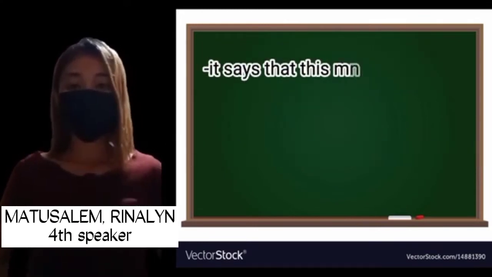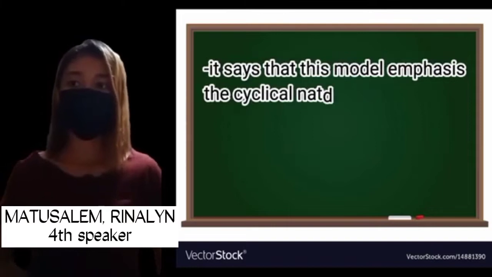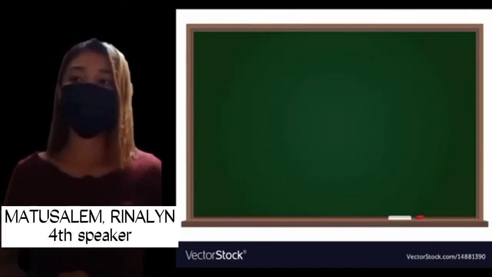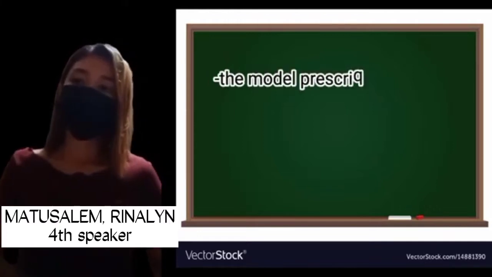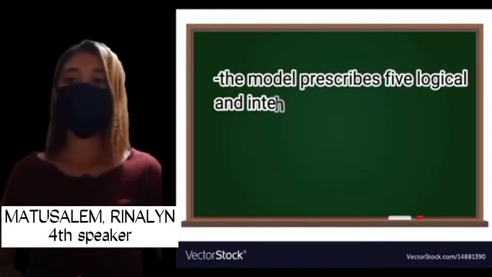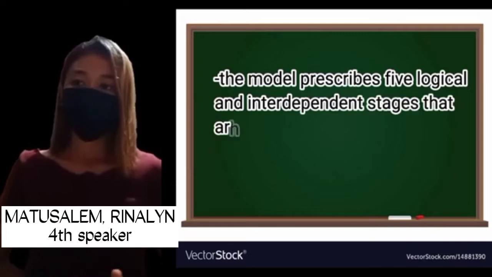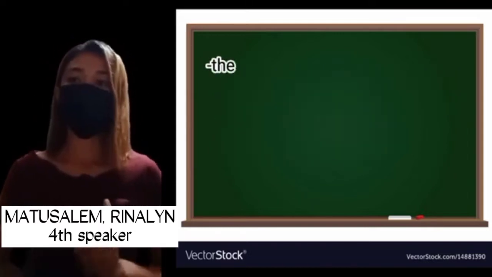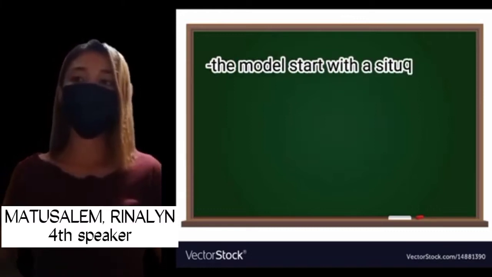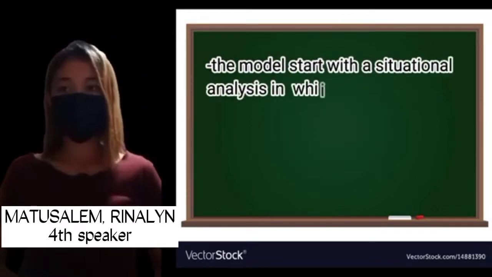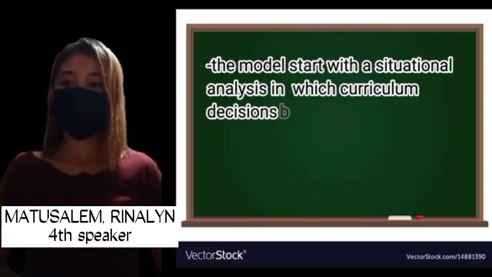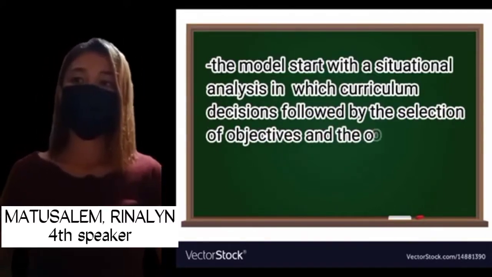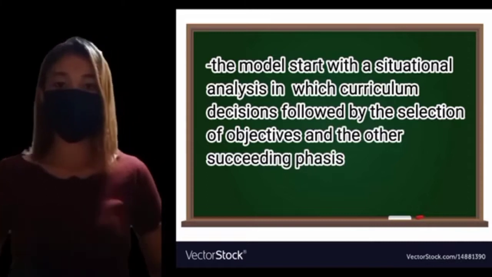It emphasizes the cyclical nature of curriculum development as a continuous process. The model prescribes five logical, interdependent stages. It starts with a situational analysis, followed by the selection of objectives and the other succeeding phases.